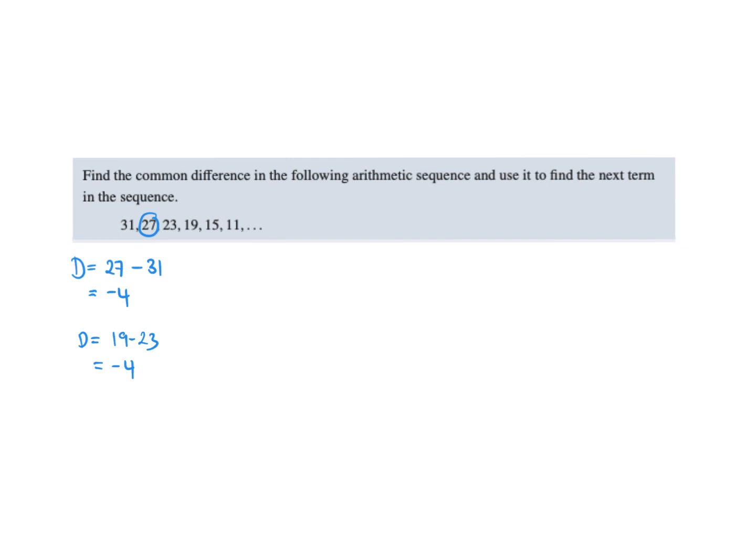Then, to get the next term in the sequence, the next term is going to be 11 minus the common difference, which is negative 4. So it's going to be 7. So the next term would be 7. What would the next one be? 3. Yeah, 3. Good.